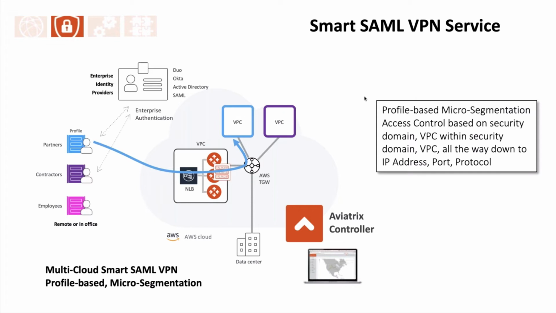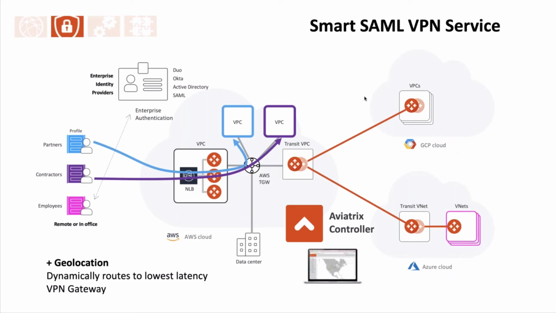You could have contractors that once they authenticate, they're only allowed to their particular environment. And then finally, you can access from anywhere in the world using what we call geolocation.